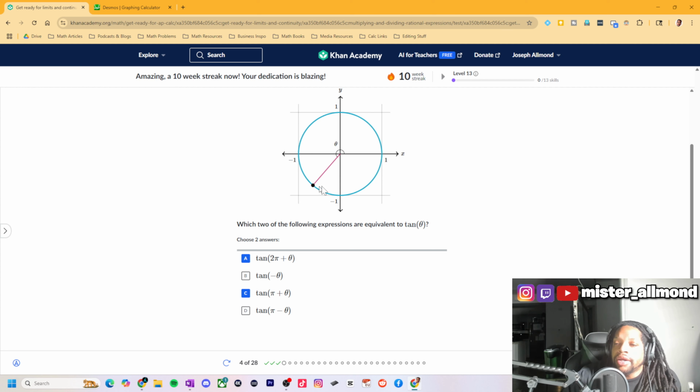If I do pi and then I go the other way, that would put me in a different quadrant. So D I think is wrong. B, if I go negative theta, that would be in a wrong quadrant. So I think I'm going to go A and C. Those are my two answers.